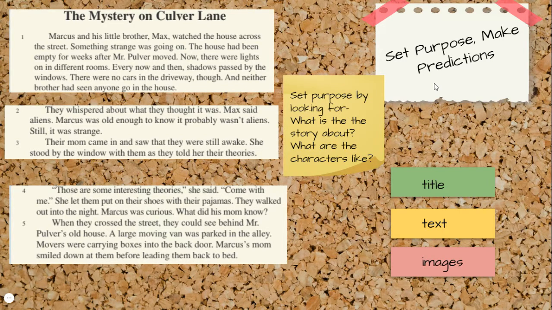Movers were carrying boxes into the back door, which explains the movement in the lit rooms. I wonder how their mom knew, though. But anyway, mystery solved. Remember, setting a purpose and making predictions while you read can help you focus on important details and understand the story.